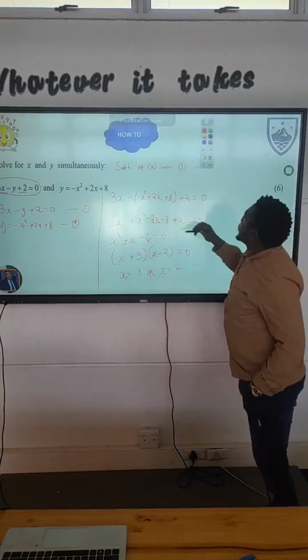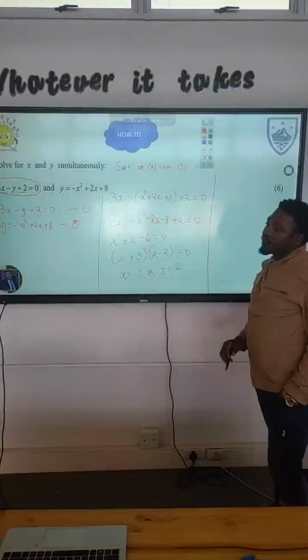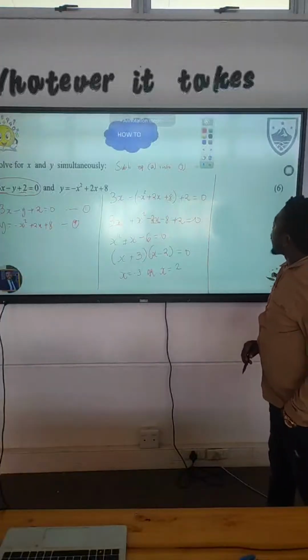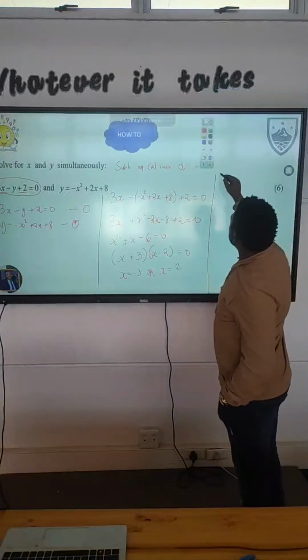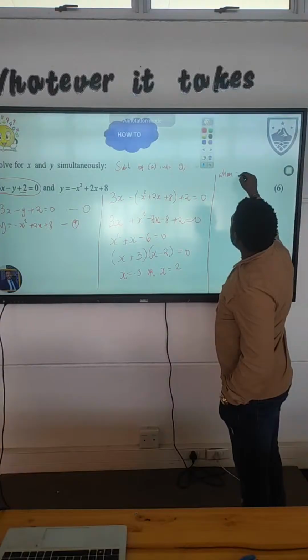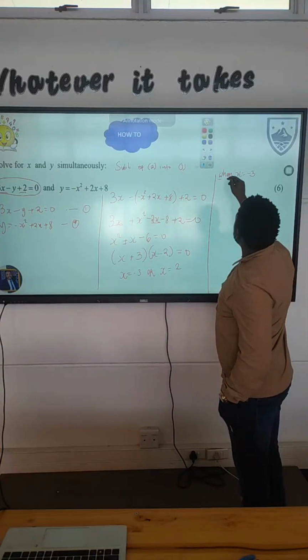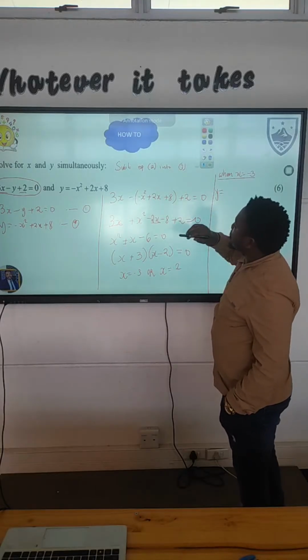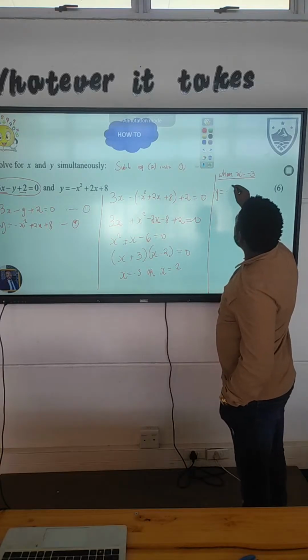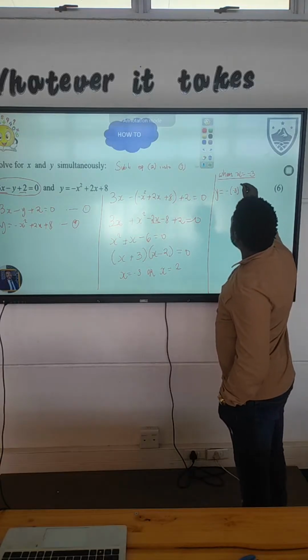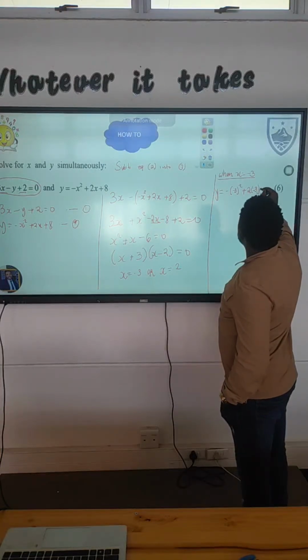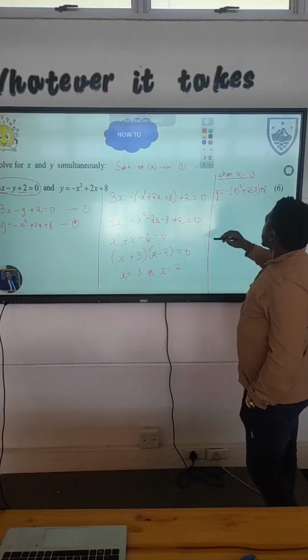And then the problem doesn't end there, because I also need to solve for the value of y. So I'll take the y first. When x equals to negative 3, my y will simply be a negative 3 squared plus 2 times negative 3, and then plus 8.